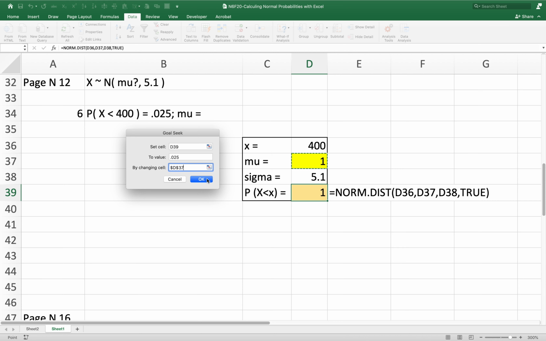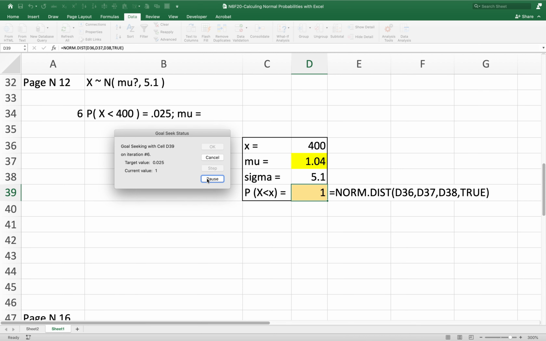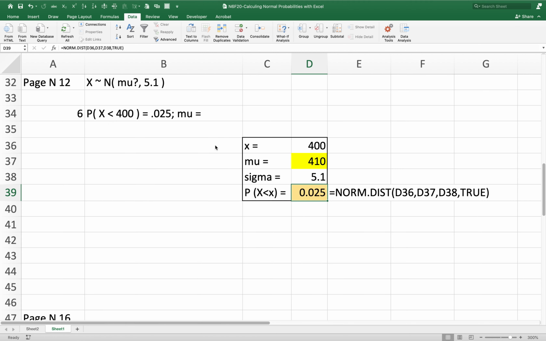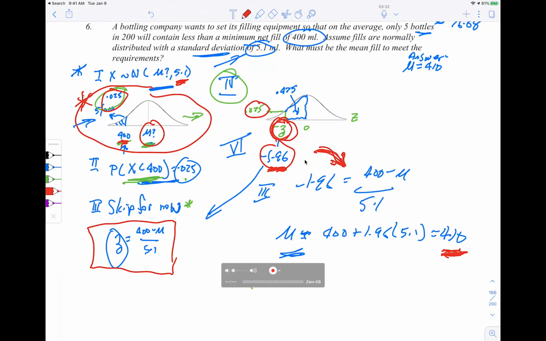So I'm going to click on the OK, and this is pretty cool because it goes through an iterative process here, trying out a whole bunch of different things. And there it is. 410 is the answer, which is what we got by hand. So then what you do is you just simply press OK, and that is the mu that we got when we did this by hand over here.